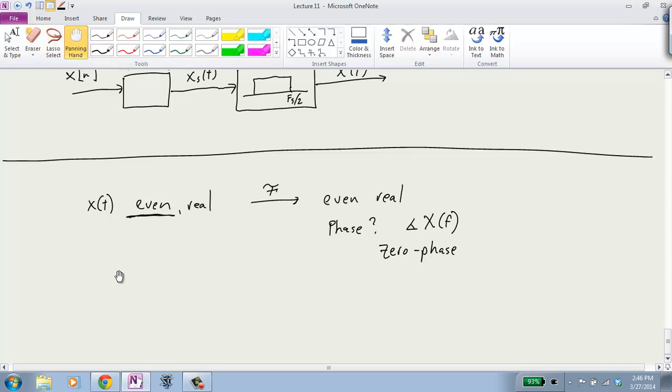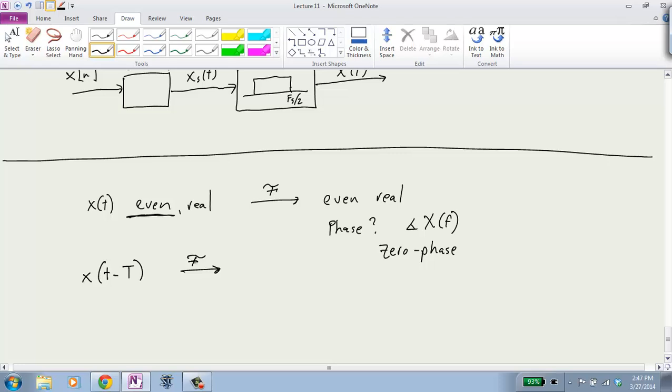Suppose that we then look at x of t minus capital T. If x of t started out even and real, then x of t minus any number is going to still have a symmetry, but that symmetry will be shifted. But what happens there is, when we take the Fourier transform of this, we have a property for time shifts.